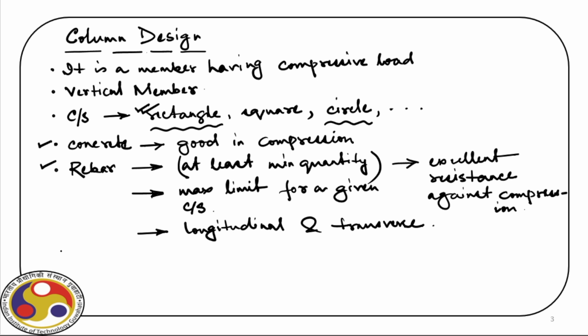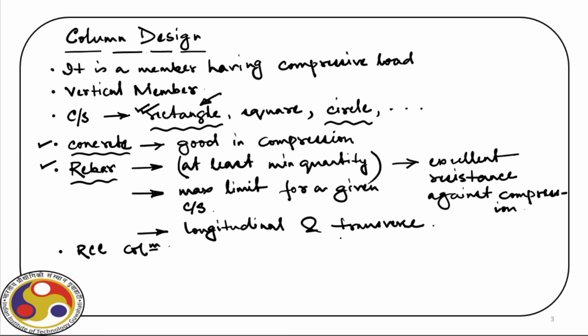Now, in this course, we'll design RCC column, but remember, there may be composite columns as well. We are not going to study any composite column and their design. So, our objective is to go for a regular section like rectangle, square or circle, where we'll have concrete and rebars in both longitudinal direction and transverse direction.